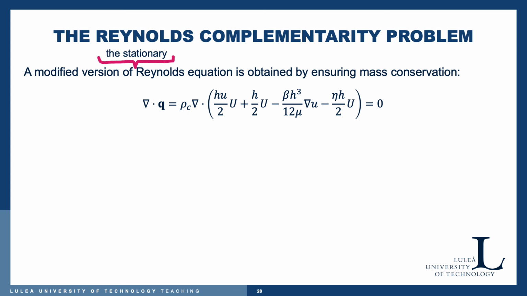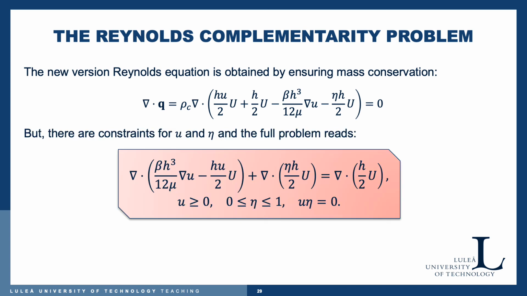So it's just to take our expression of the mass flow and put the divergence of it equal to 0. However, there are constraints, both for eta and u, and the full problem, including those constraints, can be written like this.